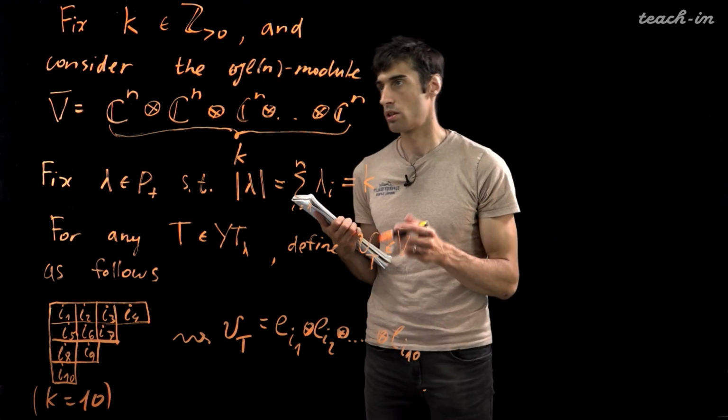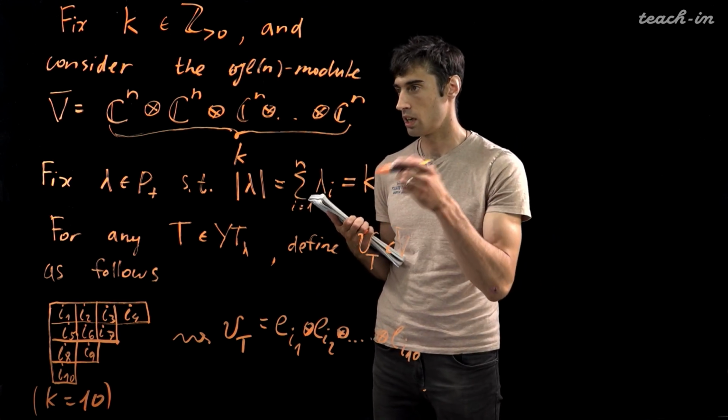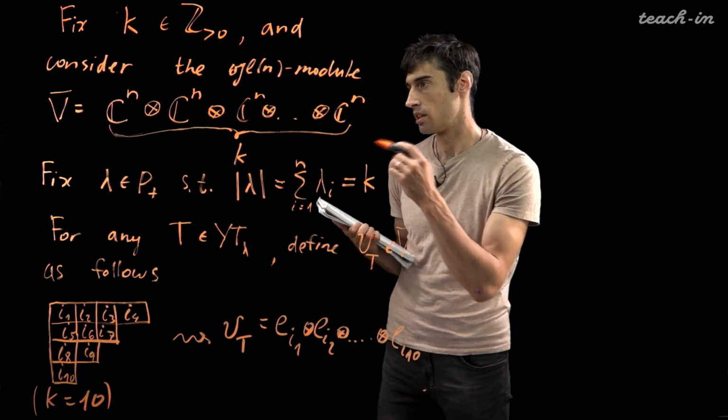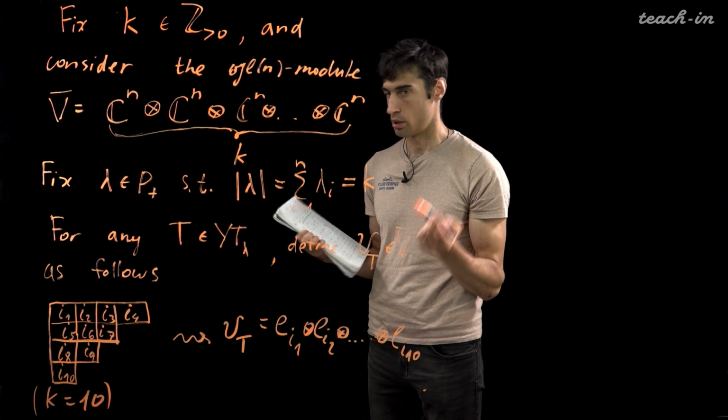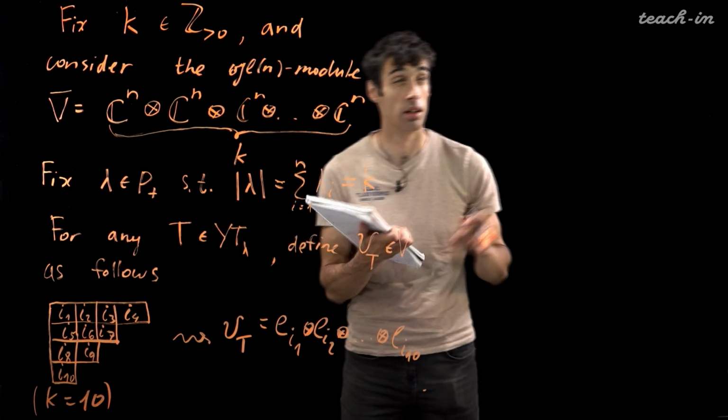Let me now, as I said, I would like to take L lambda and present it as a quotient of V bar by something. Well, so let me now introduce this something.